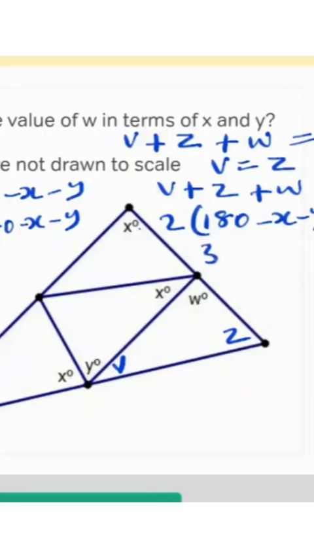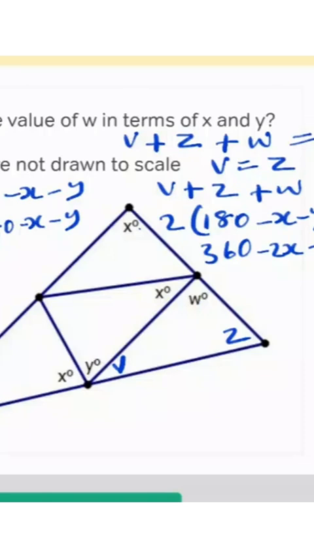2 times 180 is 360. 2 times minus S is minus 2S. 2 times minus Y is minus 2Y. Plus W equals 180.